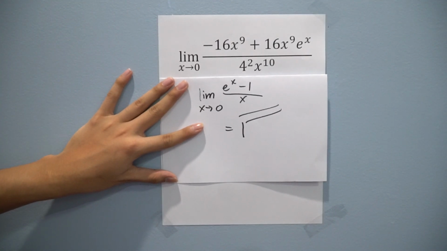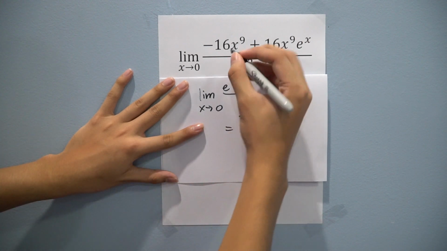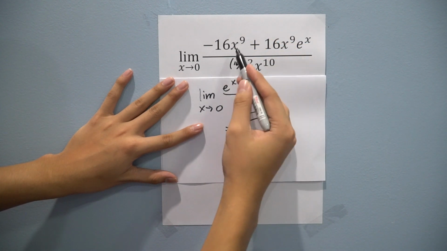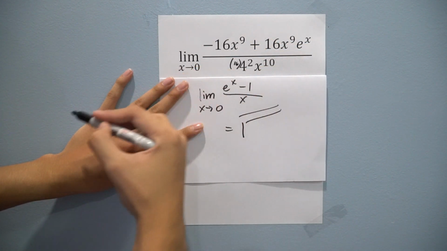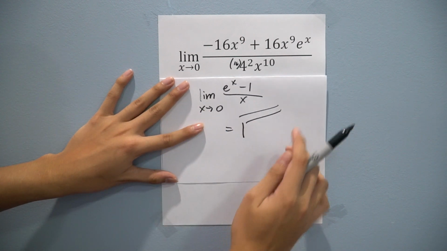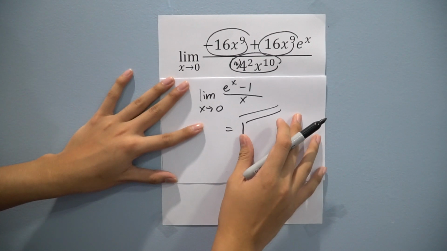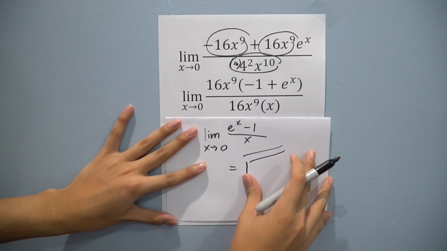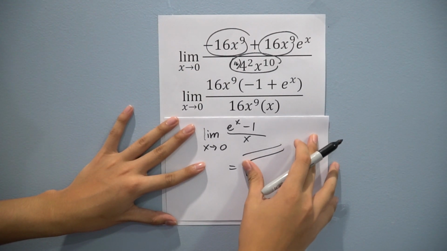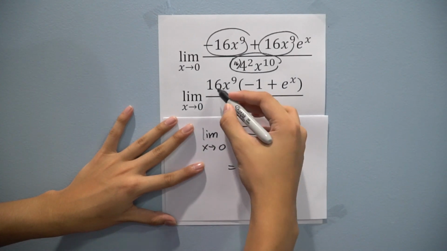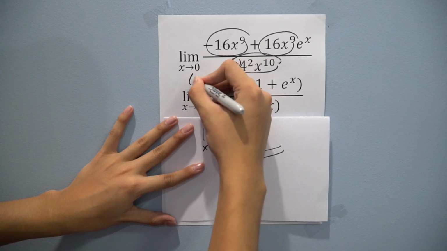We can do so by first extracting something common between the numerator and denominator. So 4 squared is basically 16. What we can extract from the numerator and denominator is 16x to the power of 9, because it's common between numerator and denominator. We can then cancel 16x to the power of 9 on both numerator and denominator, so it will make it 1.